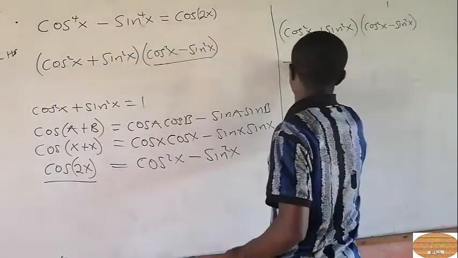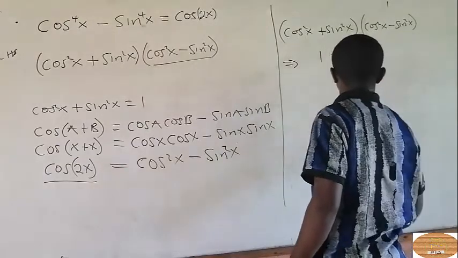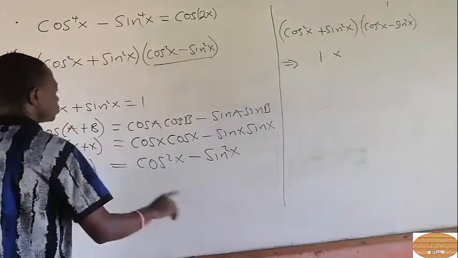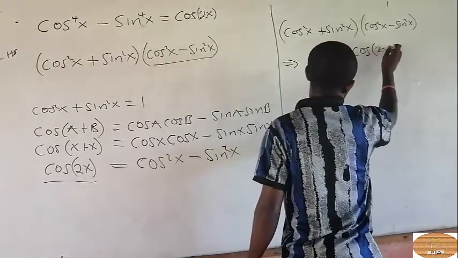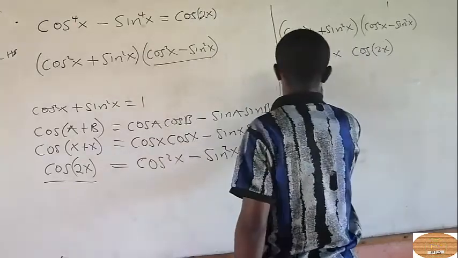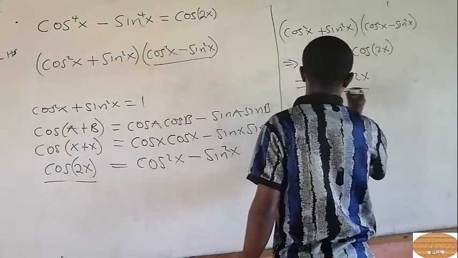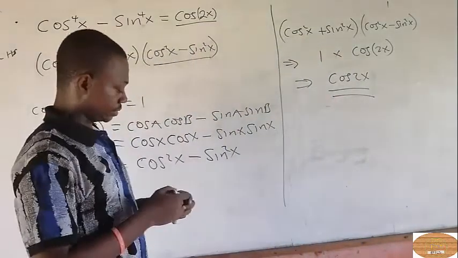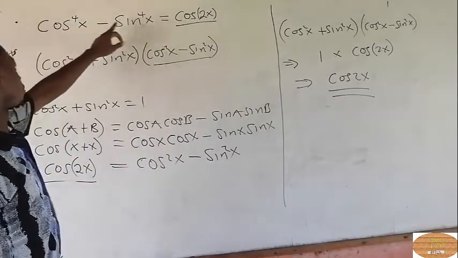So this one is 1, times cos squared x minus sin squared x, which is cos 2x. Alright. So 1 times this is that. So this one is cos 2x. So that's the proof. Alright. So you just have to understand how to open this one and you proceed.